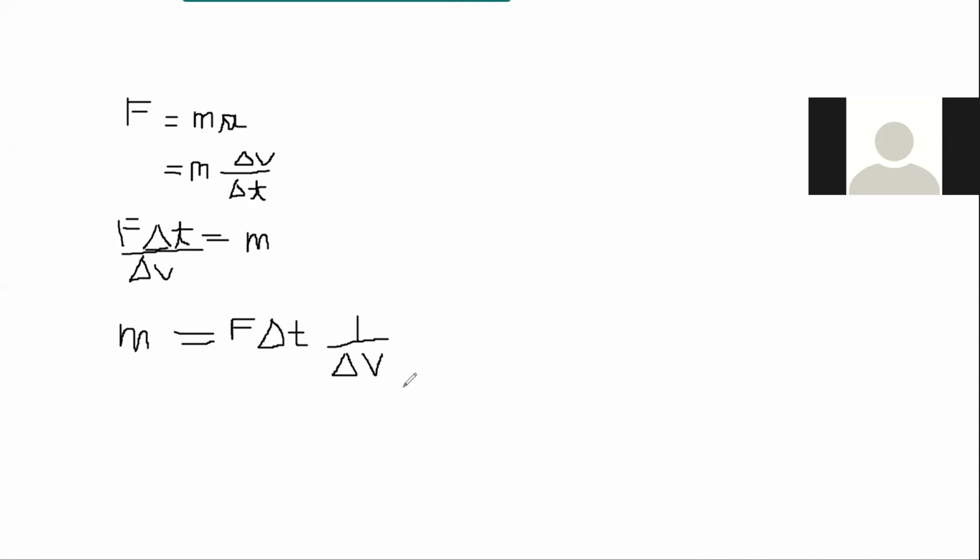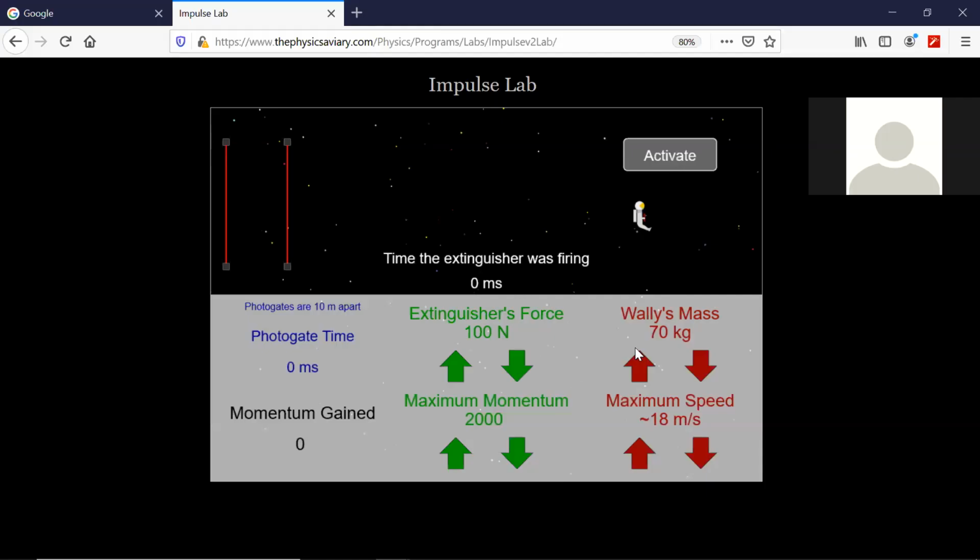Now, let me go back to the simulation. Okay, reset. So Wally's mass is 70 kilograms. Now, the force on the fire extinguisher is 100 Newton.